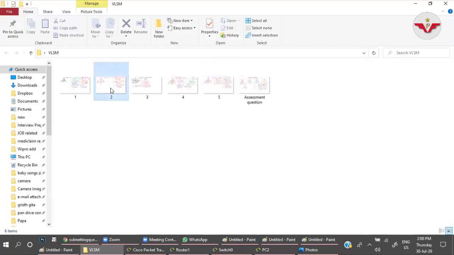I will send you the VLSM part that we did yesterday. You will implement that in Packet Tracer with the help of the router on a stick process, and also using a layer 3 switch. Just configure all the things so that you can practice for yourself.